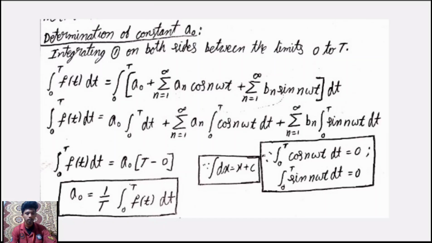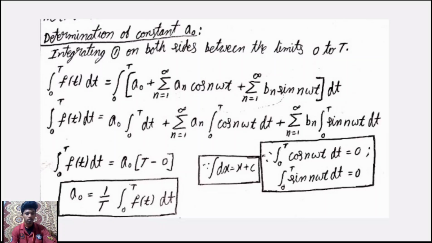By applying integration, the equation becomes integral of 0 to T f of t dt equals integral of 0 to T a0 plus summation n equals 1 to infinity an cos n omega t plus summation n equals 1 to infinity bn sin n omega t into dt.